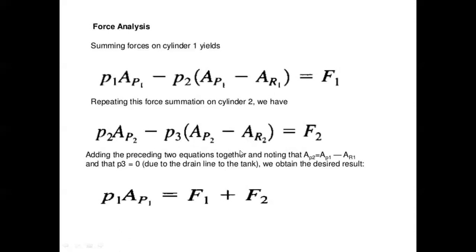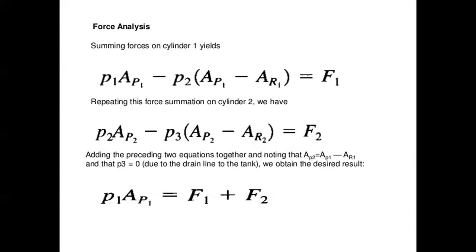Force analysis: summing forces on cylinder 1, P1 AP1 minus P2 (AP1 minus AR1) equals F1. Repeating the force summation for cylinder 2, we have P2 AP2 minus P3 (AP2 minus AR2) equals F2.